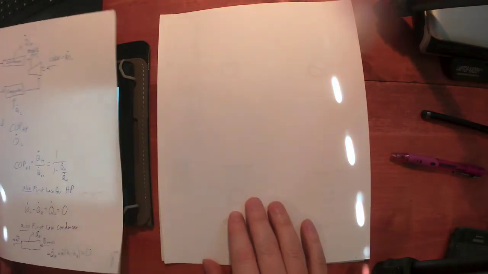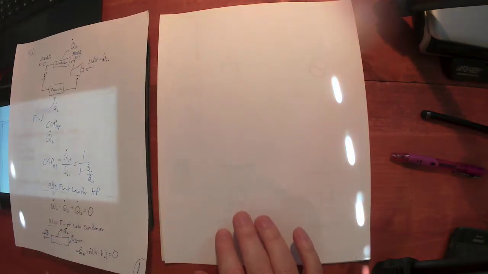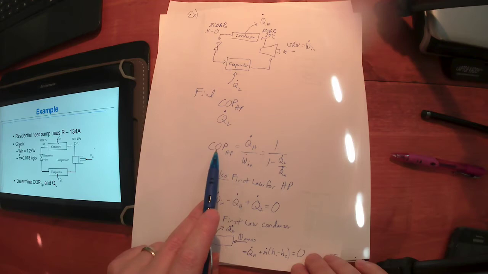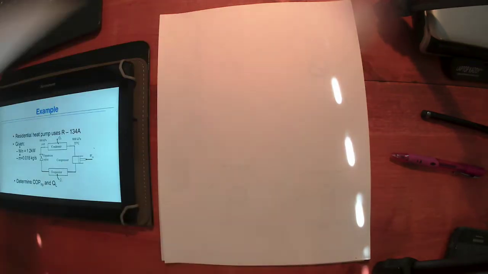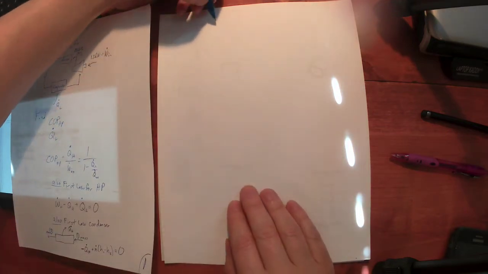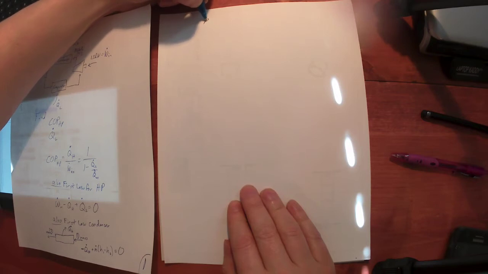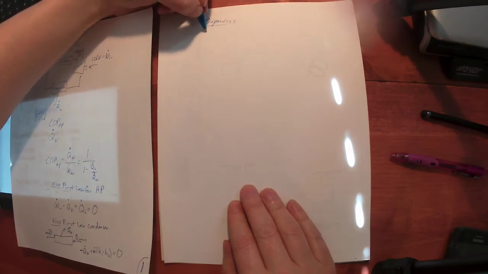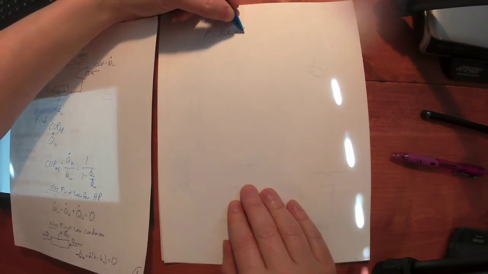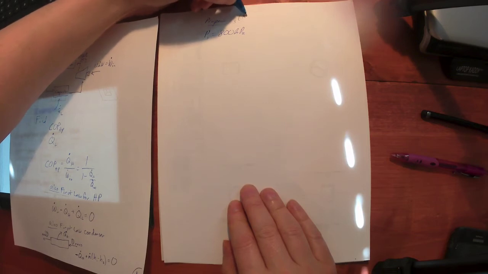So let's do page number 2 here. What do I need to know? Well, if I can find Q H, that goes here, then I can find COP, and I can go here and find Q L, the two things they're asking for. So this thing starts falling apart pretty quickly. So let's find properties. Given a pressure of 800 kilopascals, this is R134A.